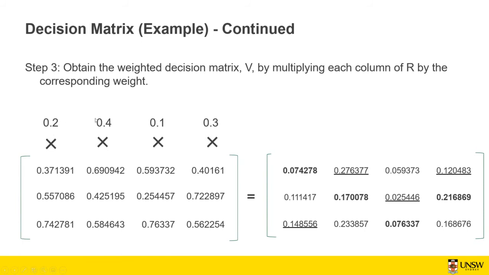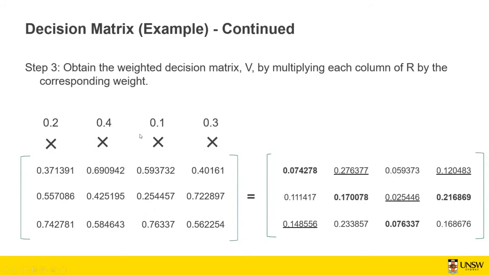So 0.2 plus 0.4 plus 0.1 plus 0.3 equals 1. And again, the way that you put the weights is subjective, based on the value that you choose. If you want to reduce the subjectivity, you can ask different people to put different weights, and you can get an average weight.